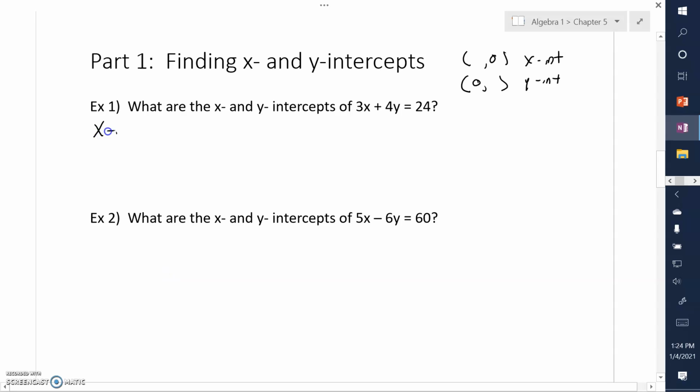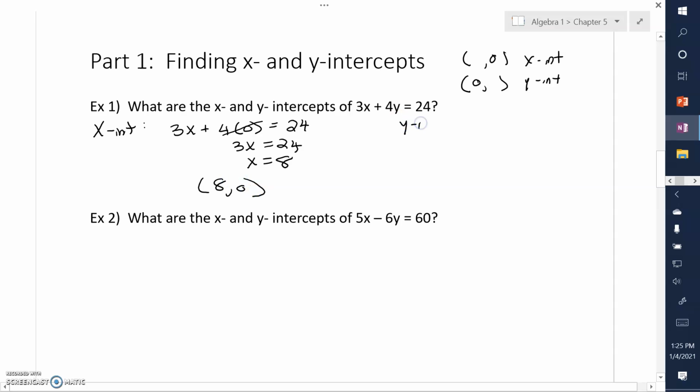For the x-intercept, I'm going to plug in 0 for y. So I have 3x plus 4 times 0 equals 24. That means that 4 times 0 drops out, so I get 3x equals 24, x equals 8. So then our x-intercept is at the point (8, 0).